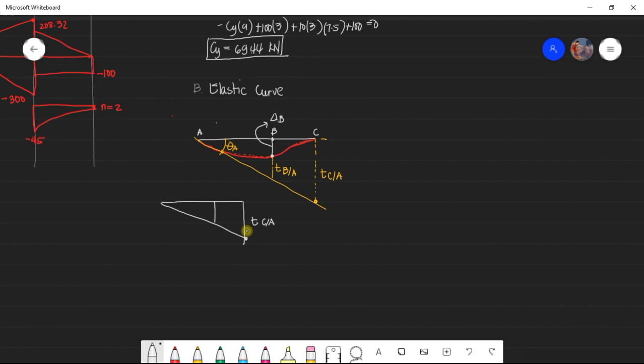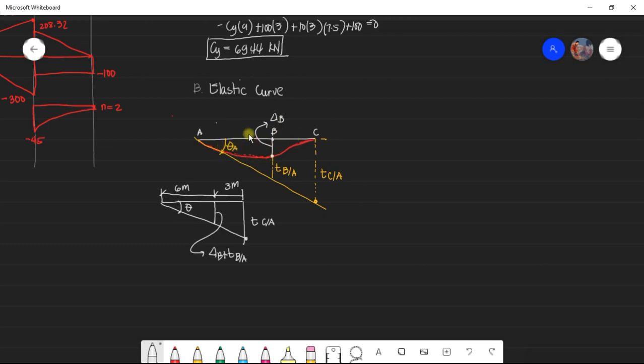Ito naman yung sa may point B. Ito yung combination ng deflection sa B plus deviation sa B tangent line from A. Alam natin yung distance na yan. Ito 6 meters. Ito 3 meters. Ito theta. So, if we can determine the deviation at B with respect to tangent line drawn from A, and then yung sa C, pwede nating masolve yung deflection sa B.